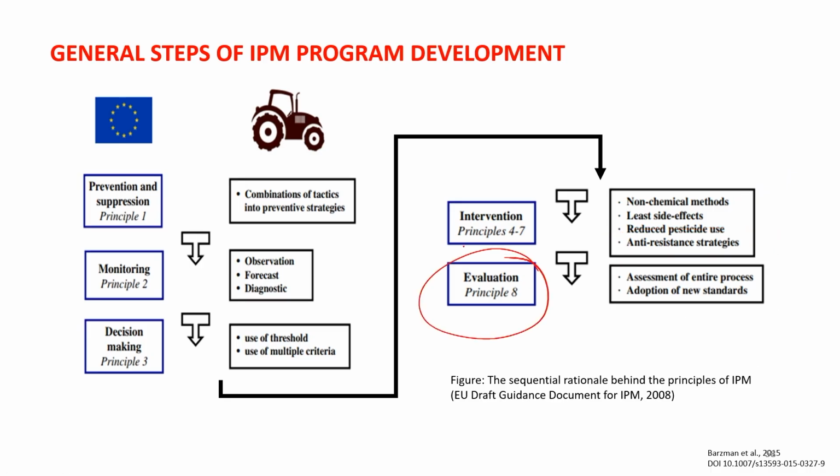And finally, the principle of evaluation, which involves the assessment of the entire process and the adoption of new standards. And these principles are to be followed in a sequential manner for efficient integrated pest management.